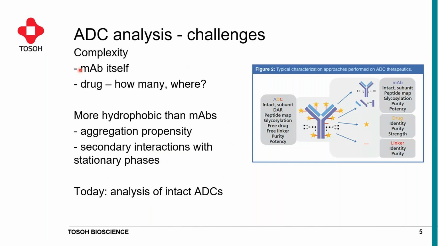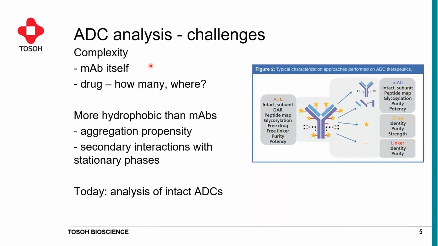If we just think of a monoclonal antibody as one part of the ADC, it already comes with a high complexity itself. We may have oxidations on the molecule, reductions on the molecule, different glycan patterns on that molecule, all making it complex itself.